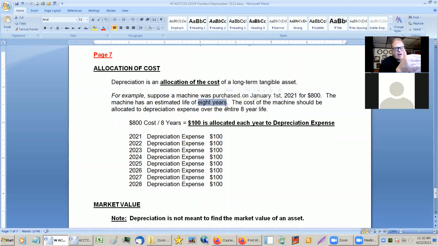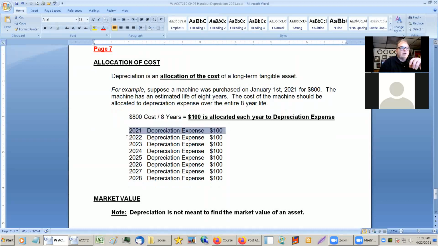We're going to take the $800 and split it up along 8 years, which means $100 a year. So every year we're going to depreciate part of that equipment. So it's allocating the cost. It's saying, okay, here's the cost of it. We're going to spread it out over the life of it and allocate some of that cost each year because we're going to be using it every year.